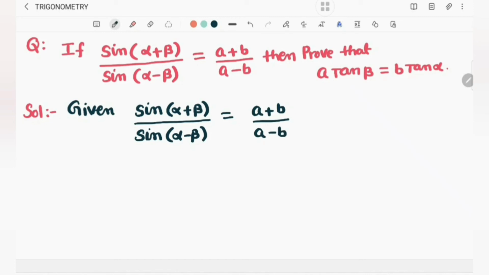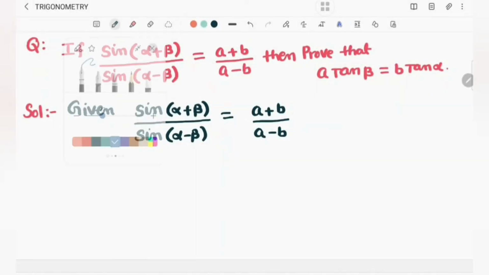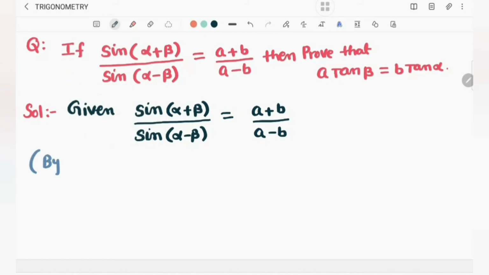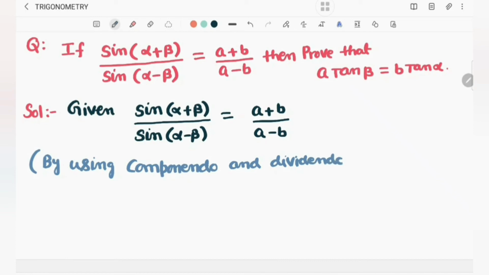After that you have to apply the componendo and dividendo property. By using componendo and dividendo, we get the next step, that I will write.